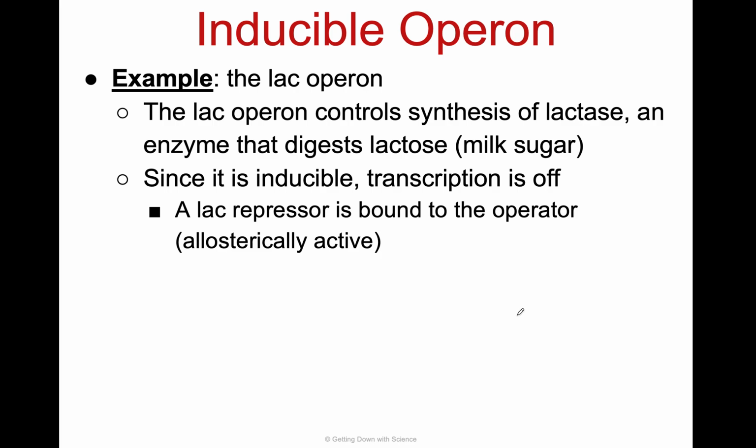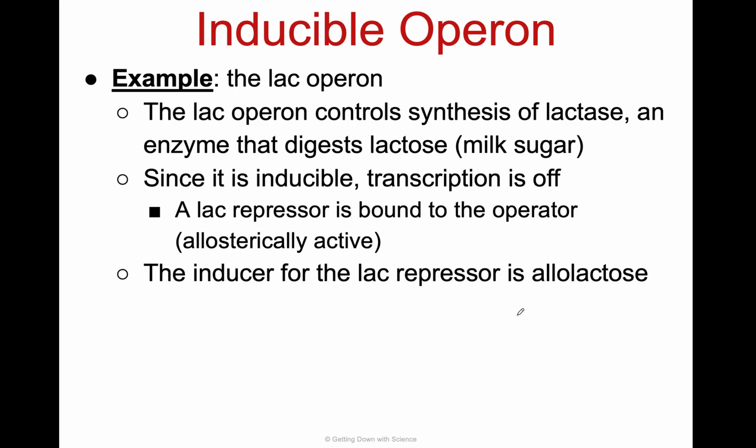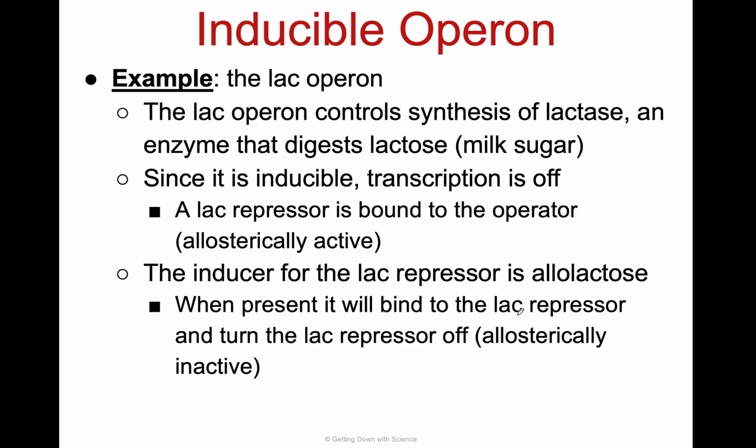It is allosterically active, meaning that it's bound to the operator and is active when the allosteric site is bound. The inducer, I remember this from college, for the lac repressor is called allolactose. When it's present, it'll bind to the lac repressor and turn the lac repressor off.